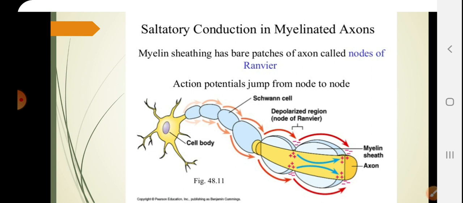There are small gaps in between. These are called nodes of Ranvier. Now, in these myelin sheath containing neurons or myelinated axons, the action potential jumps from one node of Ranvier to the next node.